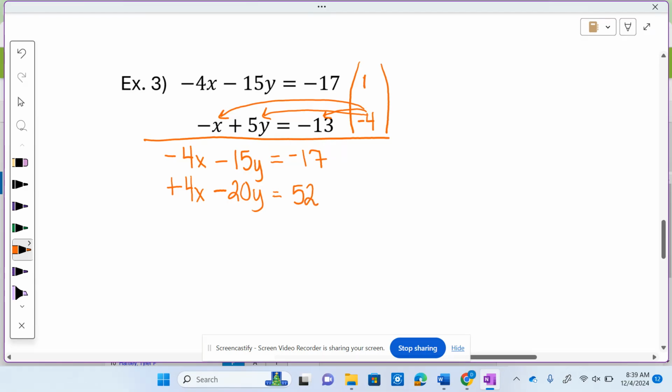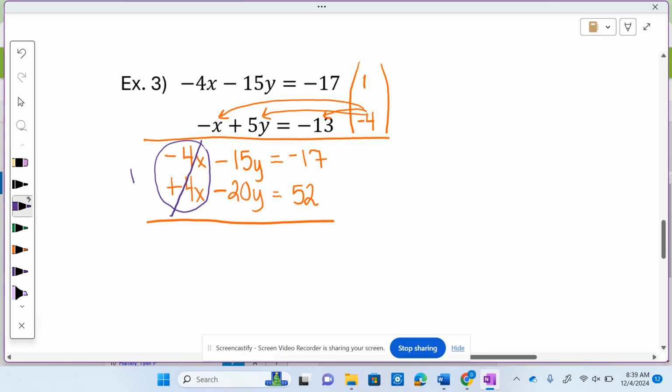Positive 52. Okay? So remember that we're adding these together. So I have opposite coefficients. They're the same coefficient, but they're opposites. -4, +4. So our x's cancel out. Brianna wanted to cancel out the x's. We've done that. I'm adding these together.